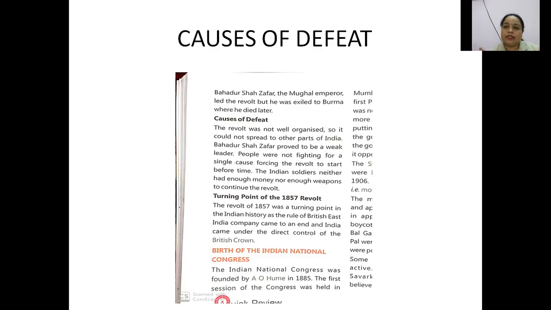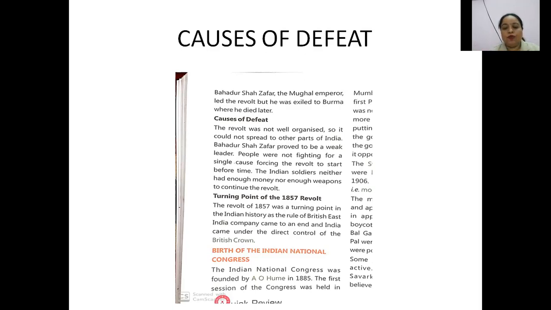It was confined only to Meerut, Delhi, etc. It started at one place, but it could not spread throughout the country. Why? Because Indians did not have good means of transportation, and there was no good means of communication also. So they were confined to one place or two or three places. It could not be spread throughout India.